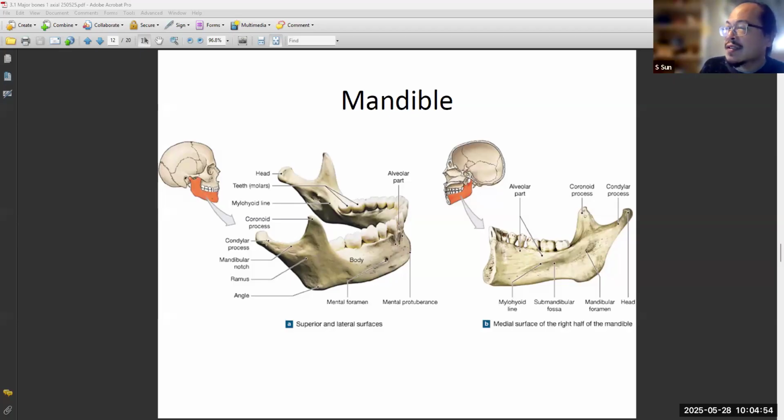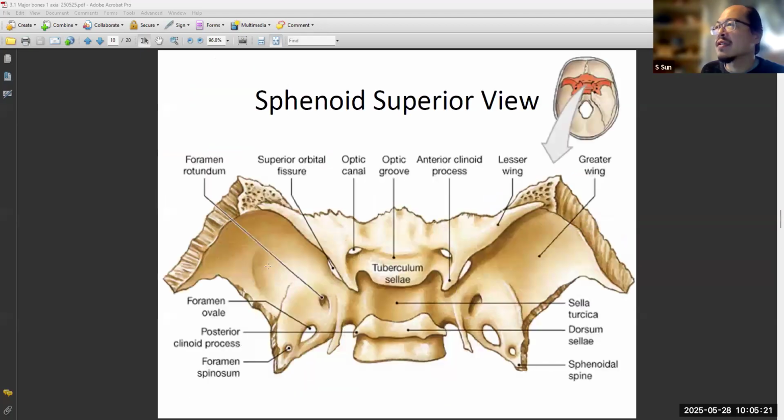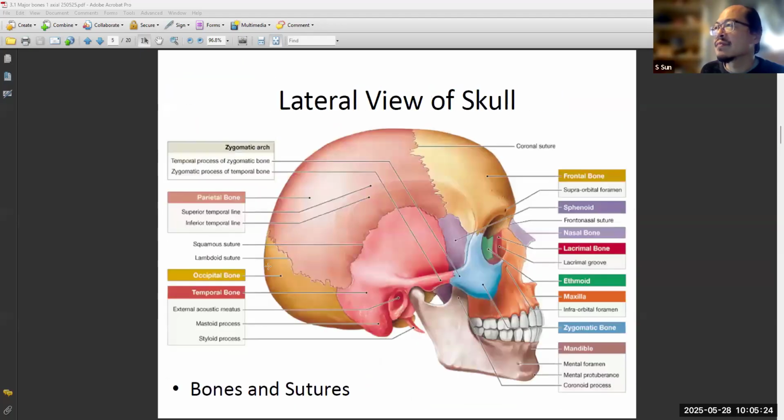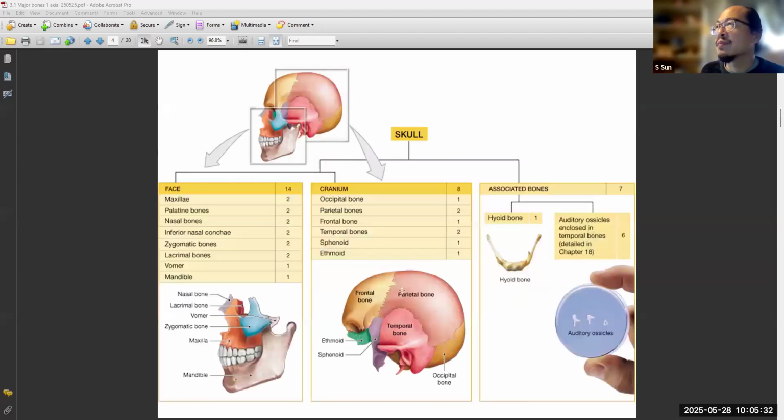It has two processes. The front one is called the coronoid process. The back one is called the condylar process. The condylar process attaches to the mandibular fossa of the temporal bone. I don't know if we mentioned it here. Let me see. It doesn't really mention it here.